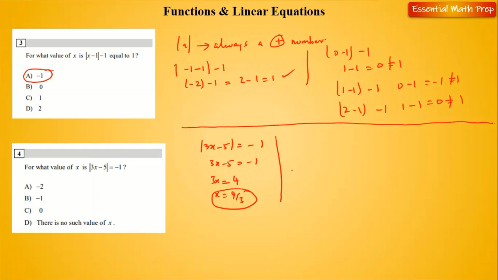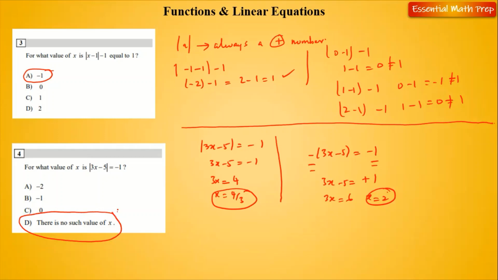So let's do the negative component: the negative of 3x minus 5 equals -1. Dividing by negative on both sides makes it 3x minus 5 equals 1. So 3x equals 6, x equals 2. That's also not one of the choices given, so no such value of x is the correct answer.